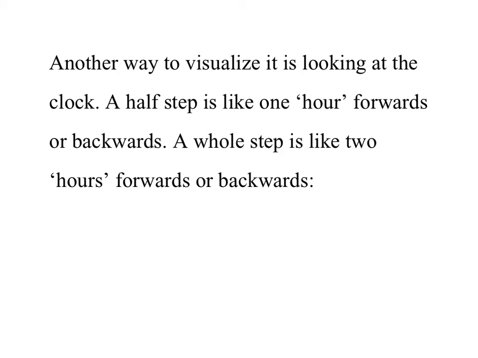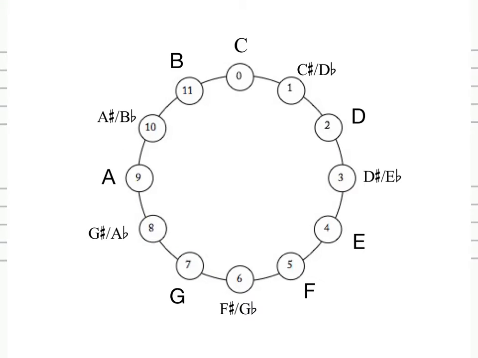A second way to visualize half steps and whole steps is by looking at a clock. A half step is like 1 hour forwards or backwards, and a whole step is like 2 hours forwards or backwards. So here's our clock scheme, and I put the chromatic notes all around the clock.